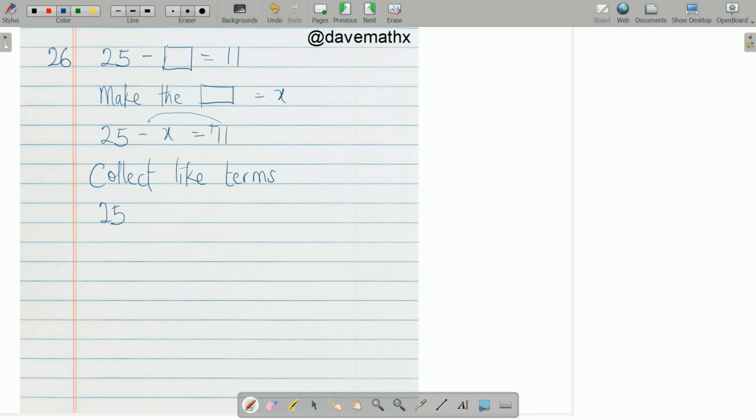Plus 11 crosses the line and turns to minus 11. Then minus x crosses the line and turns to plus x. 25 minus 11 is 14. Then x is 14.